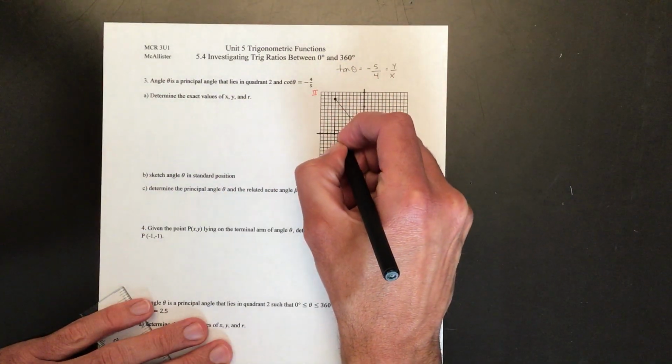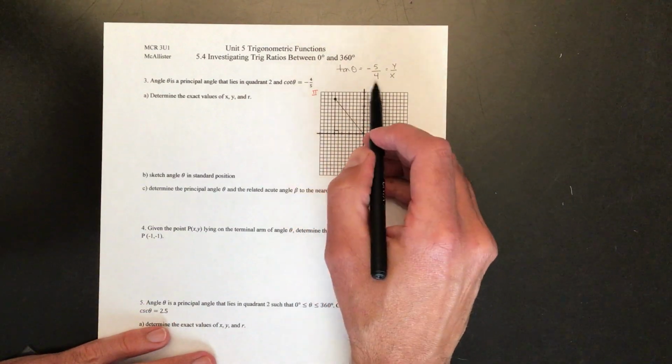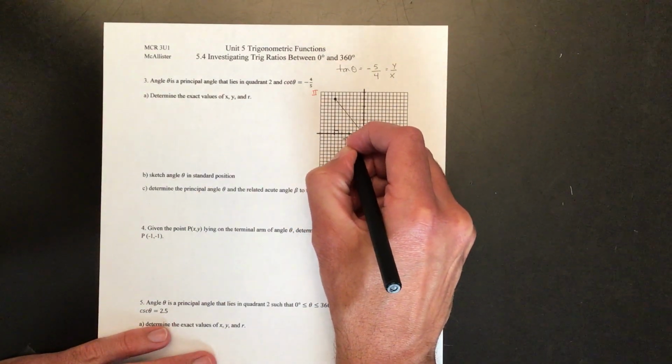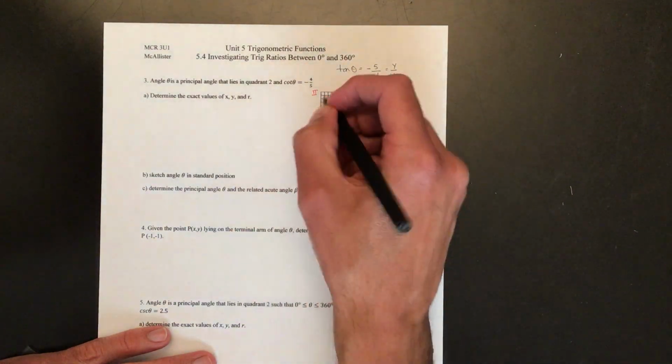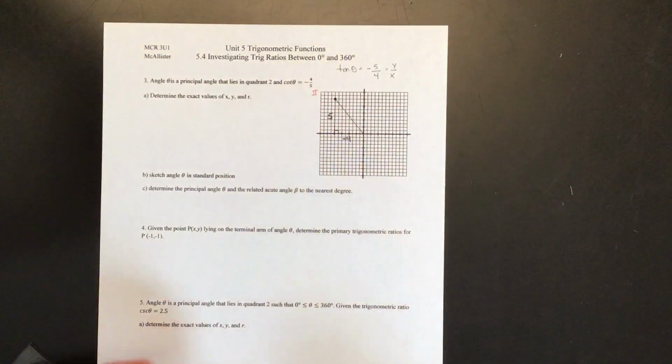So, in this case, because I'm in this quadrant, my x value is negative, so that's going to be a negative 4. And this is going to end up being a positive 5, based on the location of which quadrant it's in.